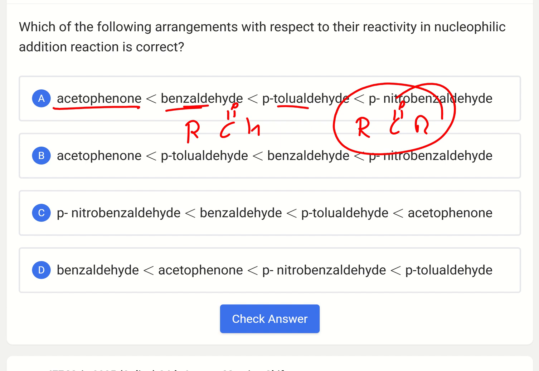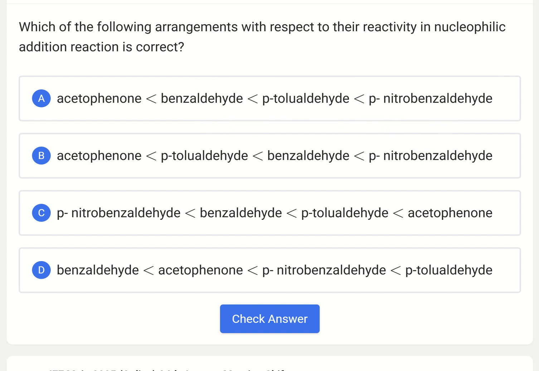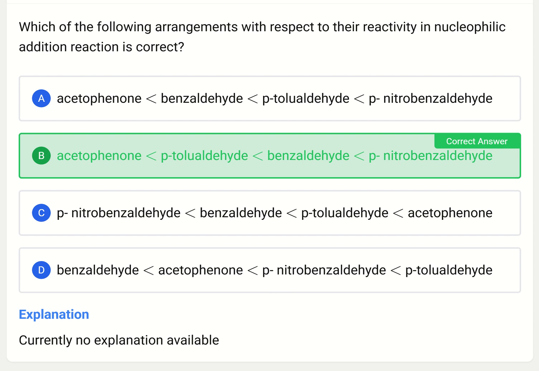Now these three are aldehydes. Nitro will give you maximum minus I, means first. Then we have benzaldehyde. Tolualdehyde means CH3 is there. CH3 will give you plus I. That means it is in the third position. So let us move with option number 2. Yes, we have got this answer right.